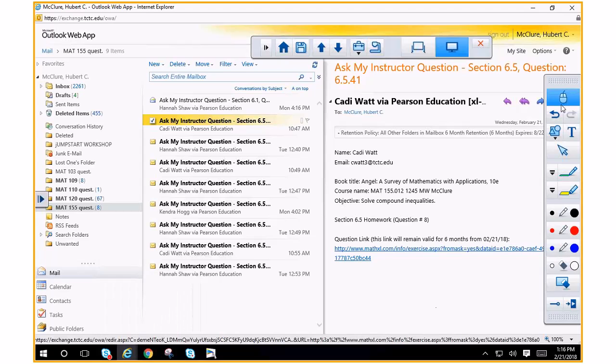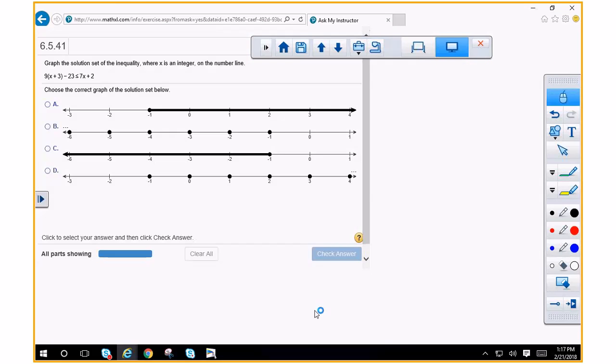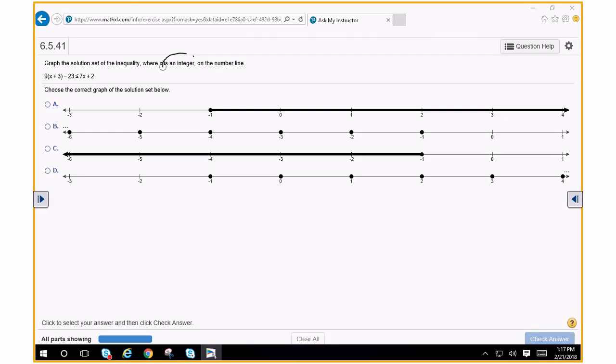6.541/8. Now, remember what I told you. What does this mean? Integer is a 25-cent word for what? Whole number. So that means you got to use the 3 dots.